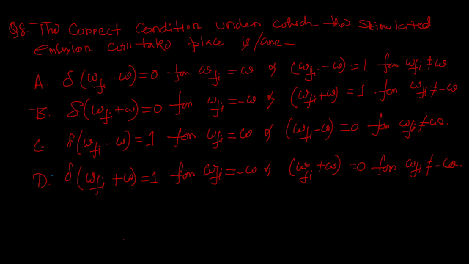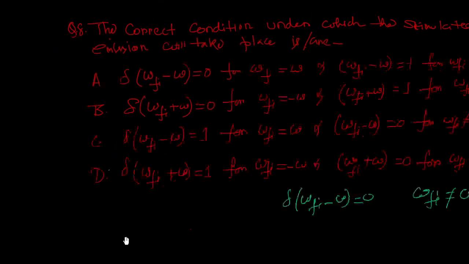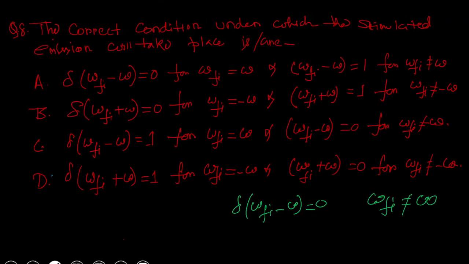Okay, so for the first option, delta of omega_if minus omega is equal to 0. That is only possible when omega_if is not equal to omega, and these are all deltas. Again a printing mistake.